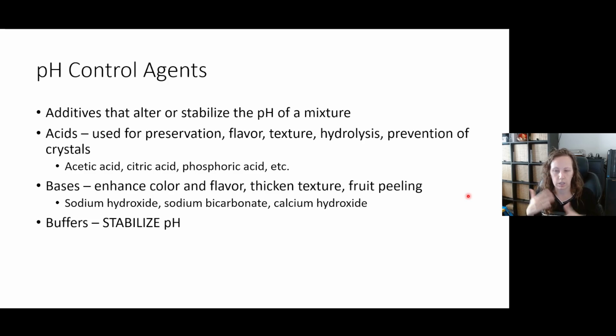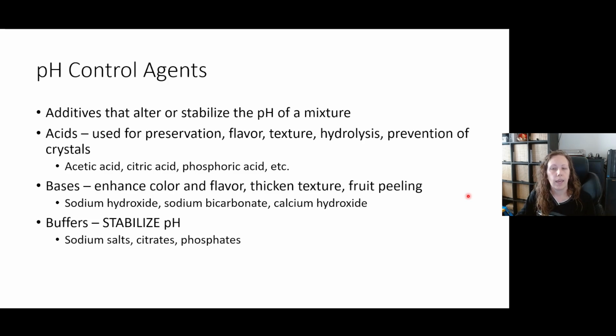I'm not going to get into the chemical reason why, but buffering ingredients essentially resist any kind of significant pH change from what they are at, even when small amounts of acids or bases are added. That's what a buffer is, okay? They keep the pH stable. They can change the pH when they're initially added, but in general, once they've been added, their function in that food is to keep the pH stable.